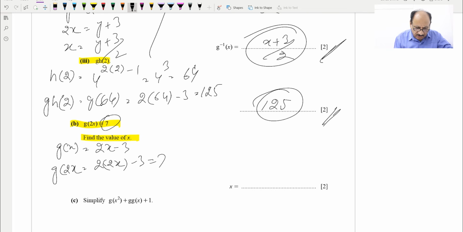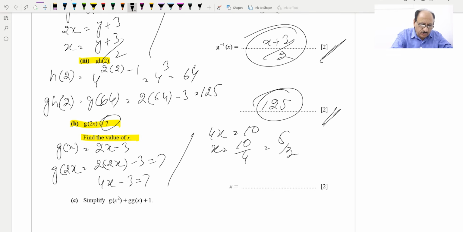So we'll equate it to 7. So 4x minus 3 is equal to 7, and we can write 4x is equal to 10. So x is equal to 10 by 4, which is equal to 5 by 2. 5 by 2 we can write as 2.5. So our answer will be 2.5 for 2 marks.